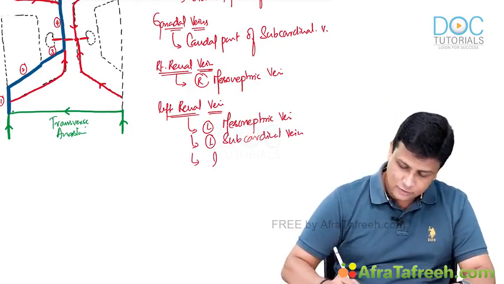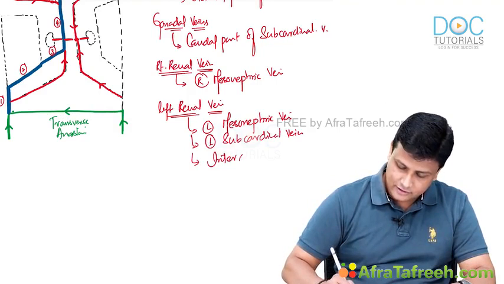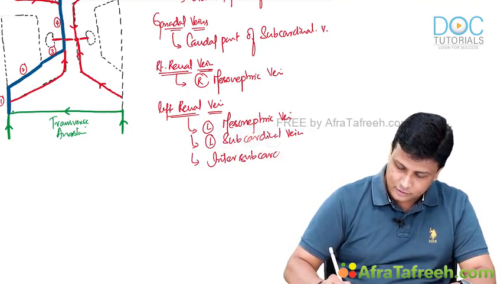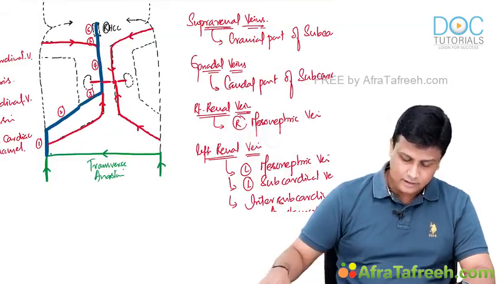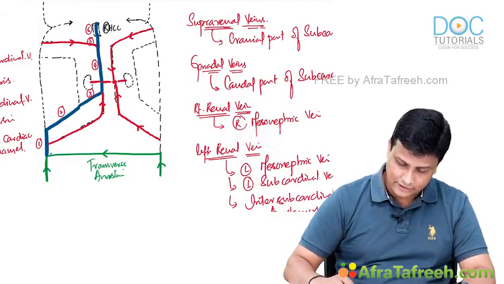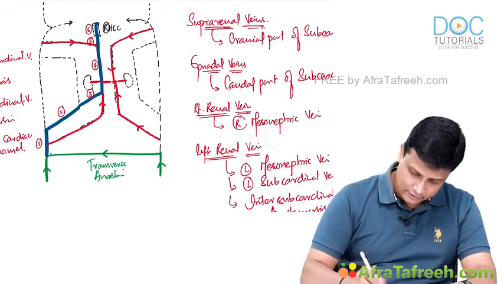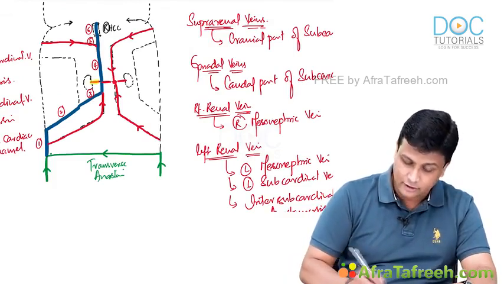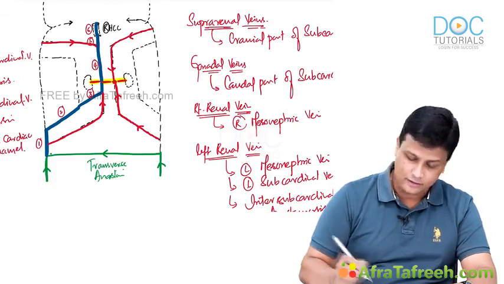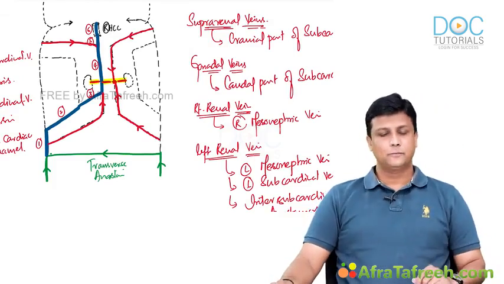And then what is that anastomosis between them? It is the intersubcardinal anastomosis. That's the one which is going to form your left renal vein. I'll just highlight here so that you can understand more clearly. This is the right renal vein over here and this is the left renal vein. It is formed from three sources.